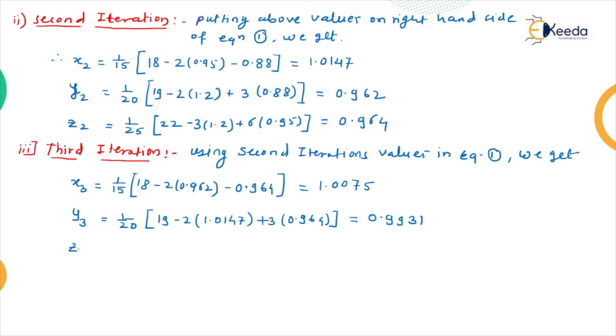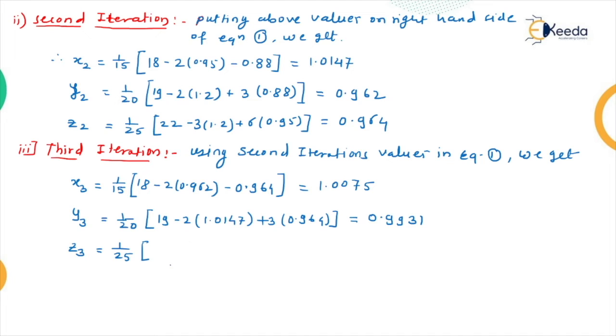Now we take the third iteration for z, that is z3, and z3 can be written as 1 upon 25. For the value of z3 we use the values of x and y that we already calculated in the second iteration.